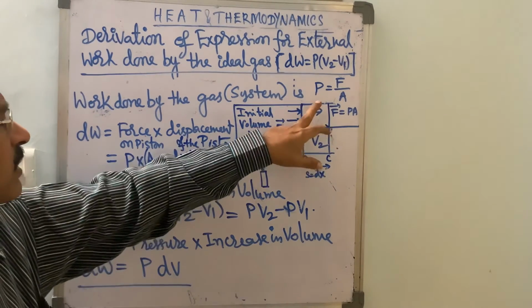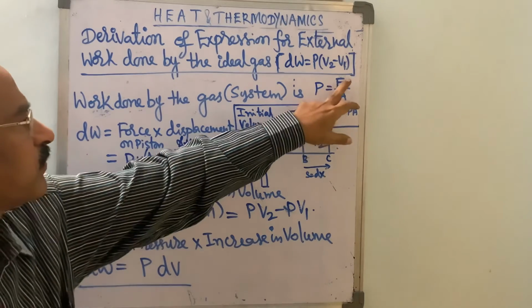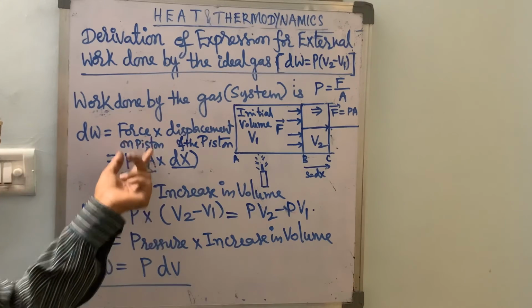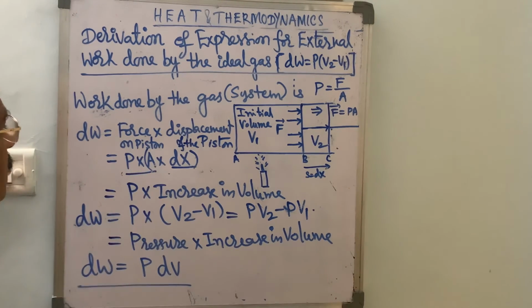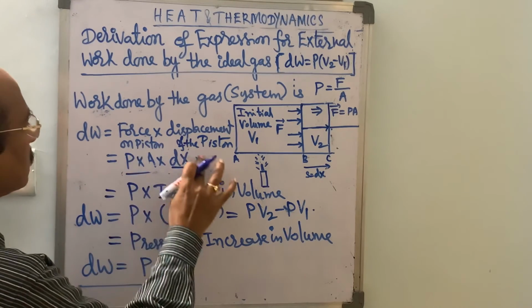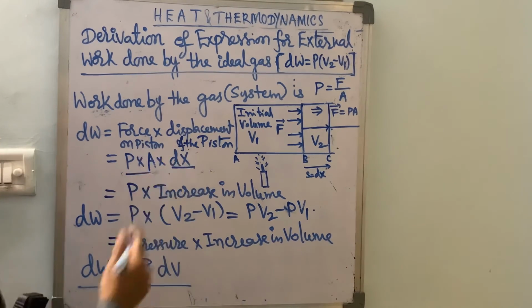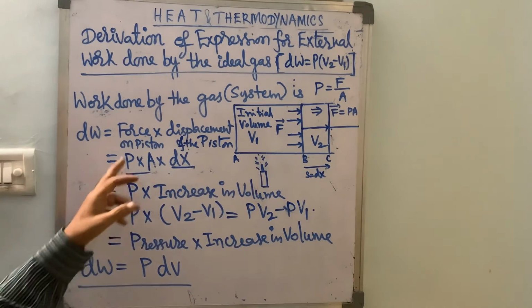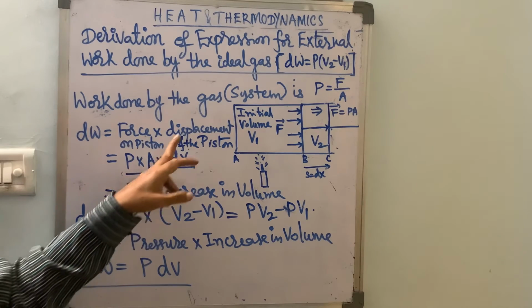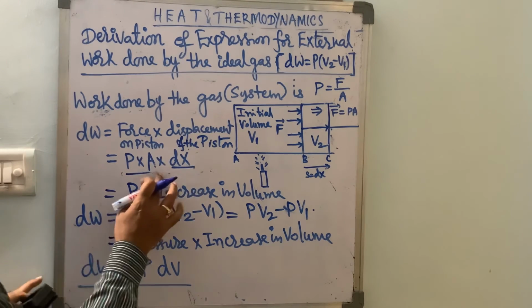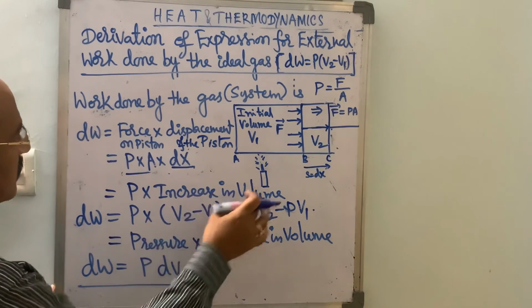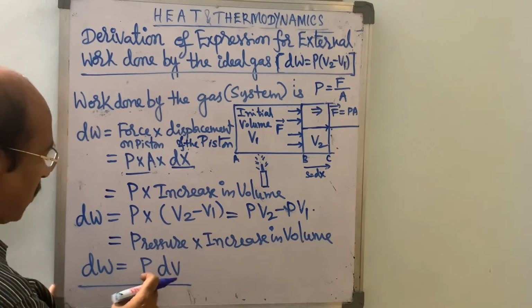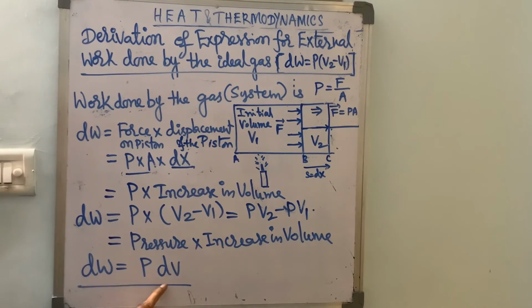Force on the piston is obtained from the formula pressure equals force per unit area, so force equals pressure into area, P into A. Displacement is dx. Area into displacement is called increase in volume. Therefore P into increase in volume V2 minus V1, or P into dV.